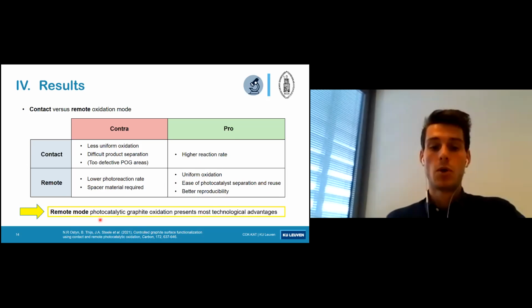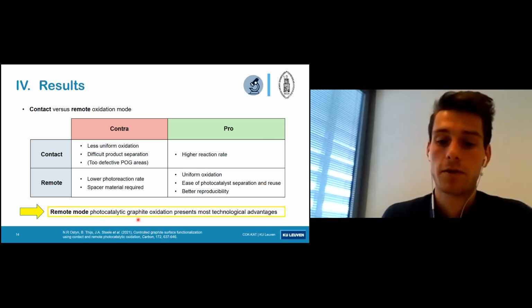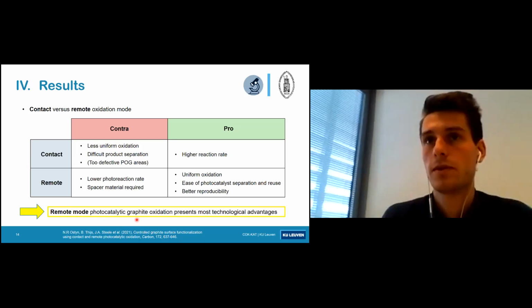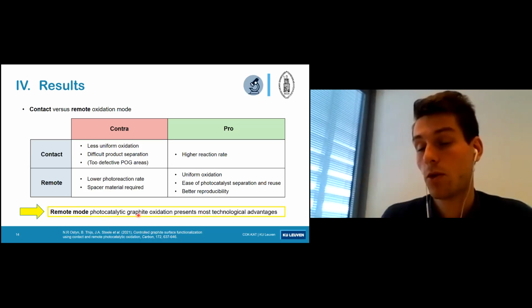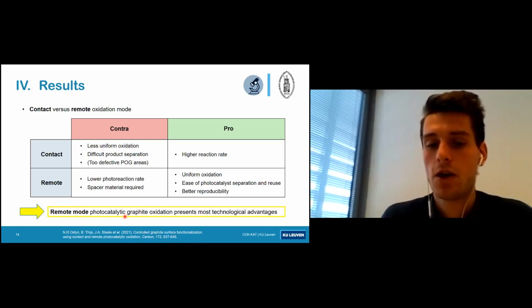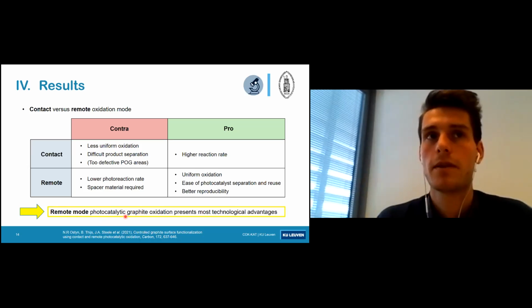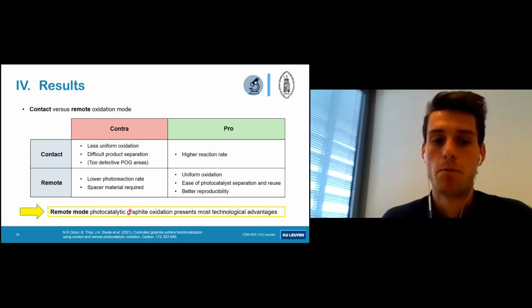So remote mode photocatalytic graphite oxidation has the most technical and technological advantages. In terms of our end application as an electrocatalyst material, which has to be pure and uniformly modified, we recommend remote mode photooxidation.